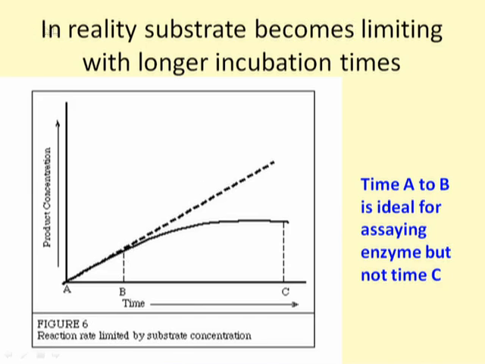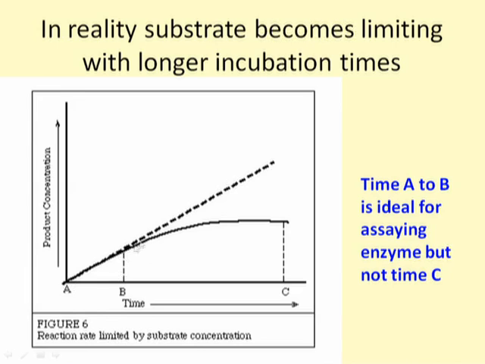In reality, when we carry out the assays, it is possible sometimes that substrate becomes limiting, and this happens particularly with longer incubation times. If we take a look at this graph a little closely, this is the product concentration versus time, and ideally this dashed line is how it should go.